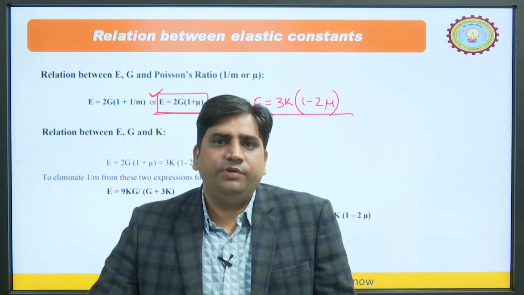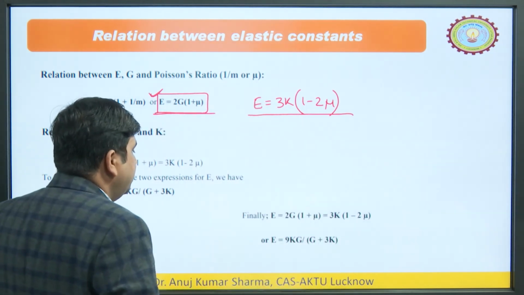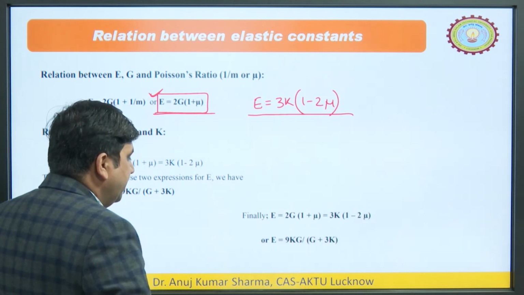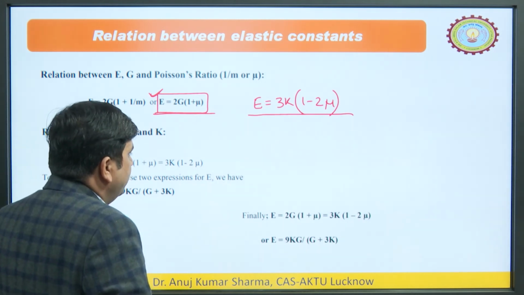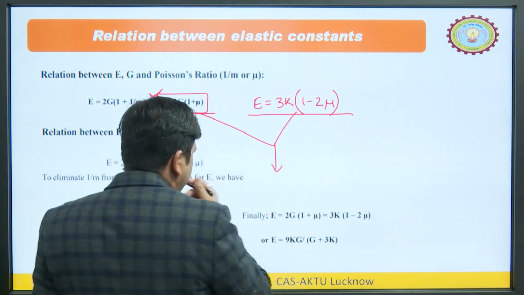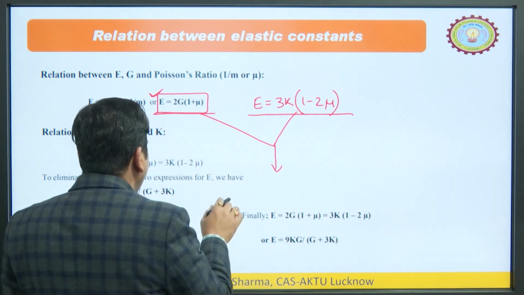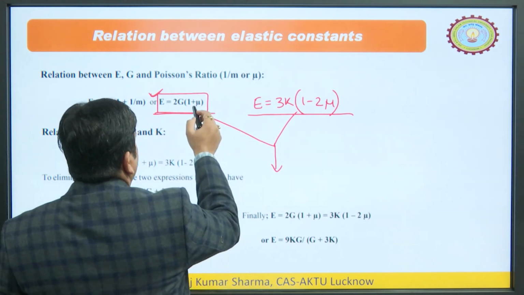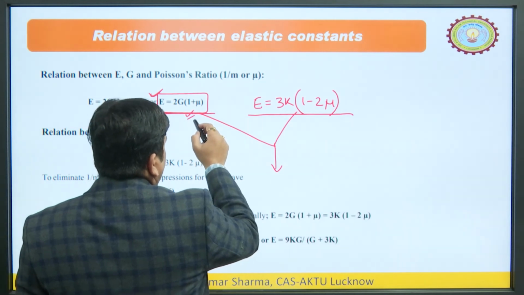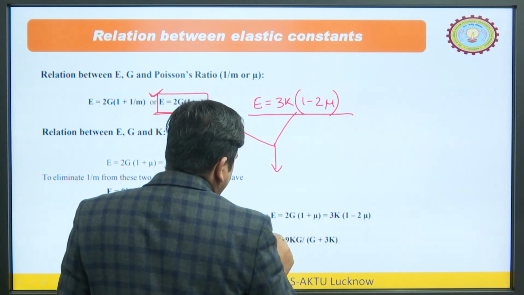If we want a relation between G, K and E, and want to eliminate mu, what can we do? With the help of these two equations, I can find the value of mu from here and put that value of mu in this expression. So, I will get this relation.